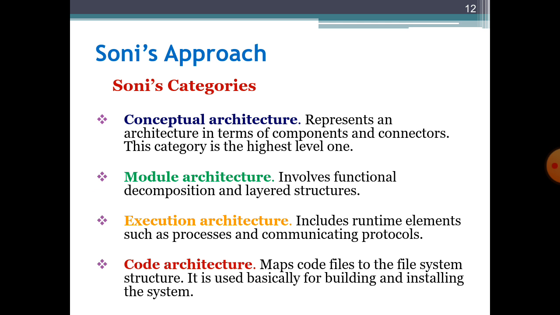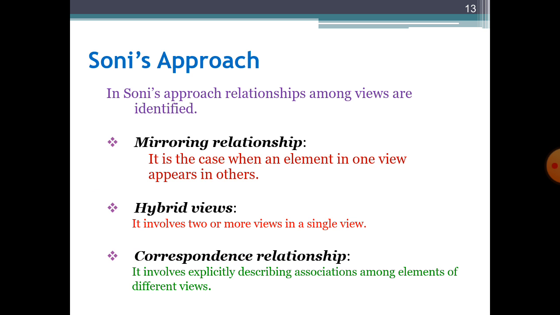The next one is execution architecture, which contains runtime elements like processes and communication protocols as well. And the last category is code architecture, which maps code files to the file system structure. It is used basically for building and installing the system. So these are the four different categories of this approach.